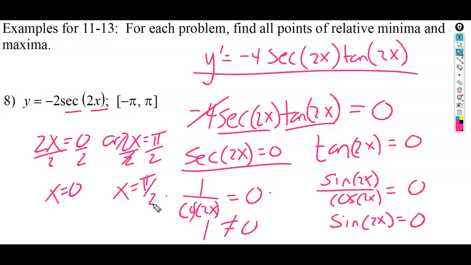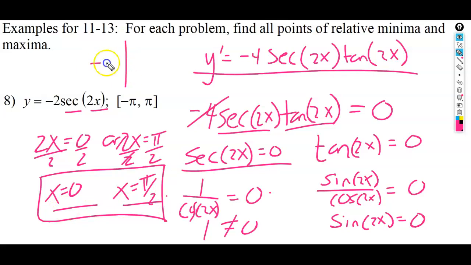So there are two possible values of x here on our interval that can give us some critical values where this function is equal to 0. But are they both really on the interval? Let's take a look here.